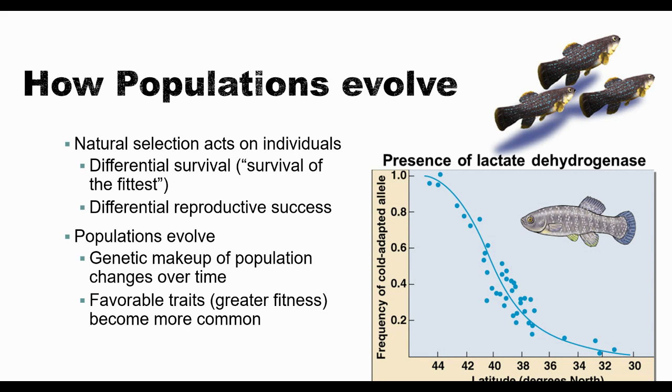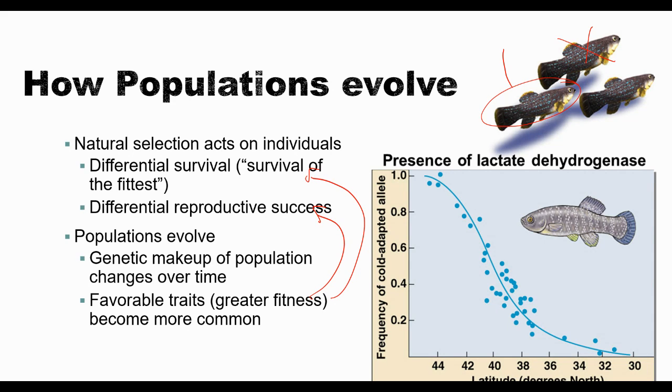So favorable traits, the ones that confer the greater fitness, that give them the ability to survive or the ability to reproduce, those are the ones that become more common. So natural selection will act on individuals. It might say that this individual is more fit because it has trait X. And so this individual might have twice as many babies or might survive to reproduce, and this one might die. So natural selection acts on the level of the individual, but evolution happens on the level of the population.